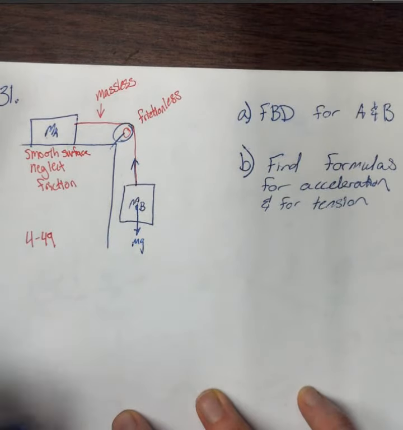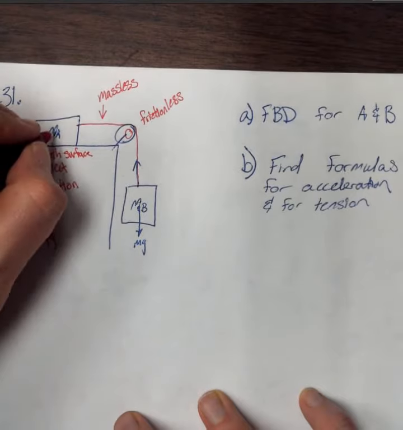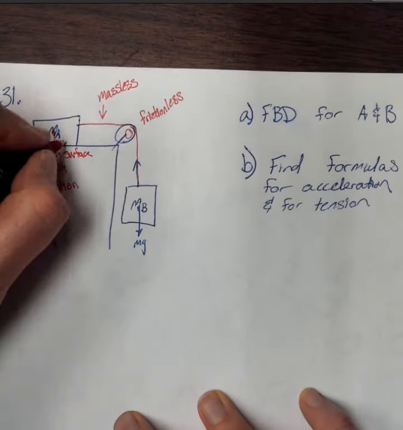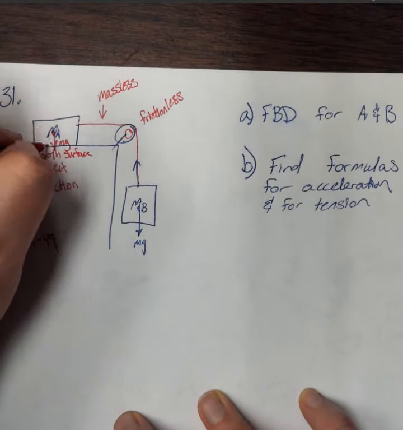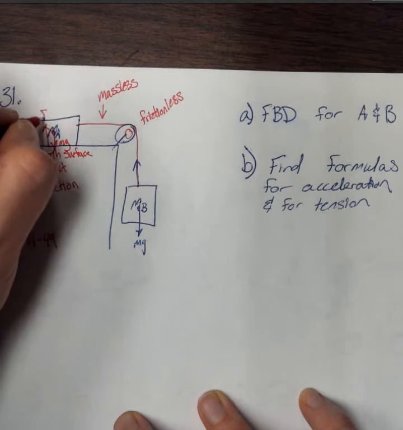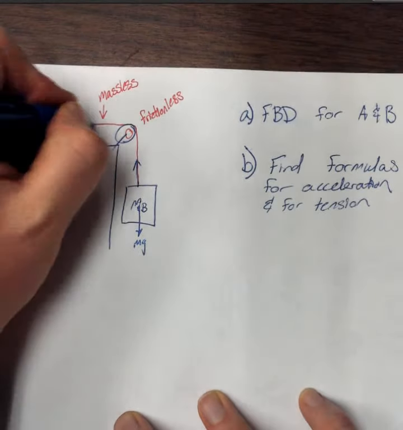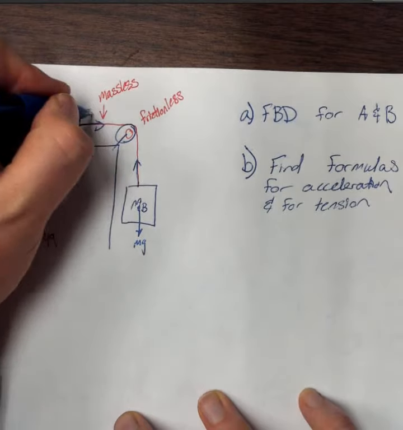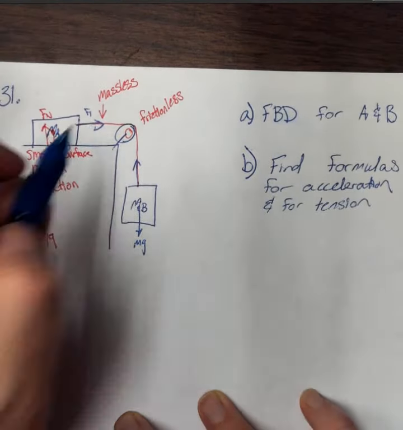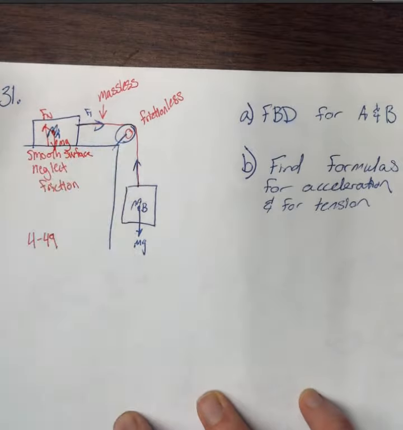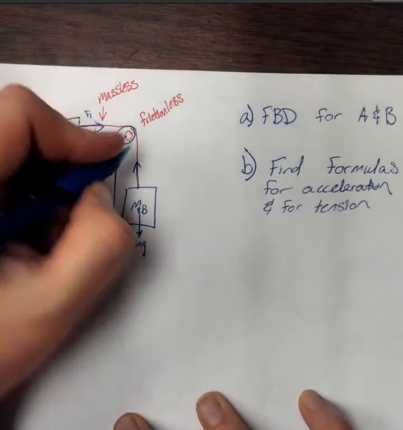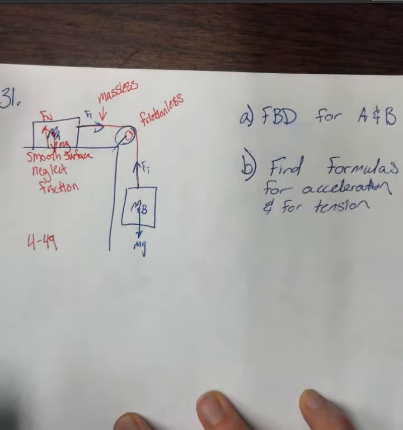This box right here should in theory be experiencing a weight downward, a normal force upward, and tension outward. If this cord is massless and this pulley is frictionless, then you should know the relationship between these two tensions.